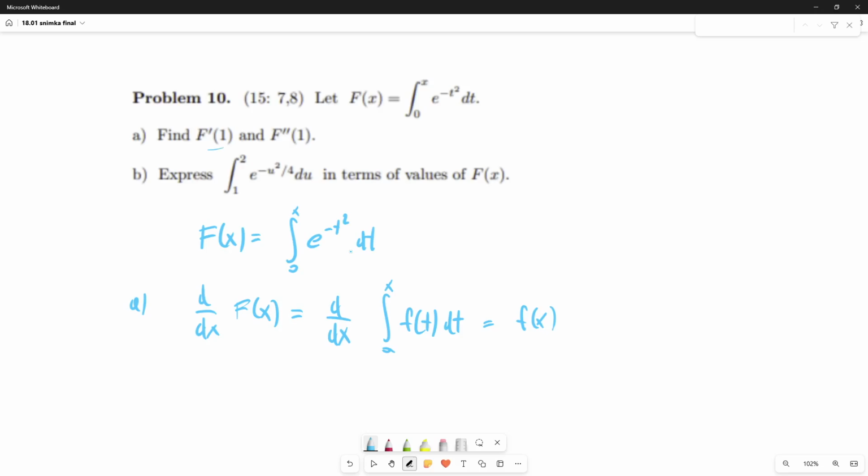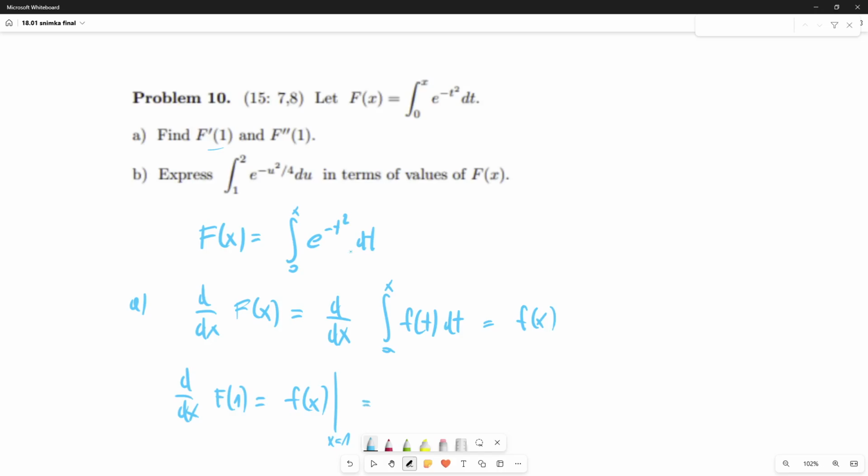This will help us find the derivative of big F at the point where x is equal to 1. So we need to know d/dx of F at 1, which is actually equal to small f of x for x equal to 1.